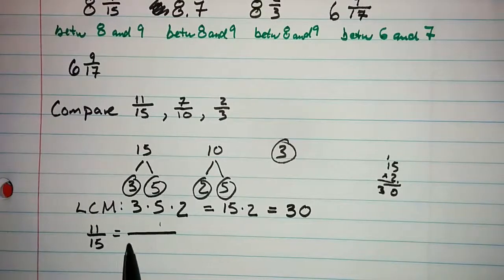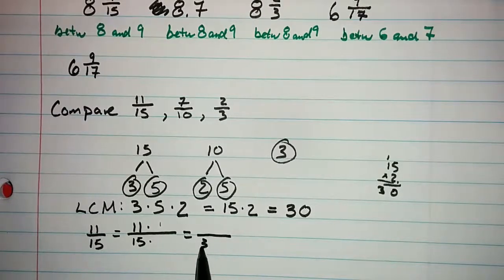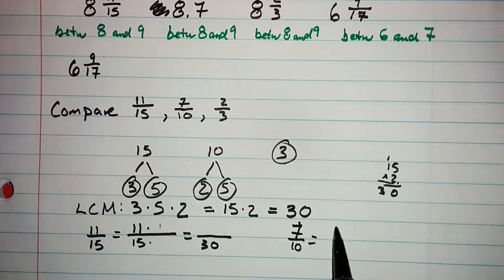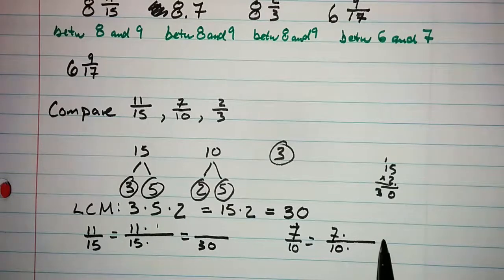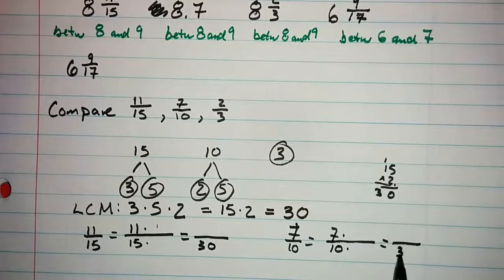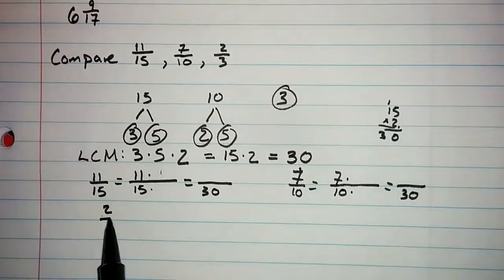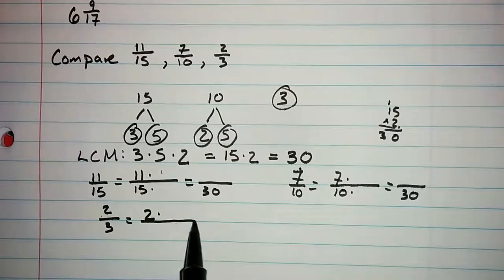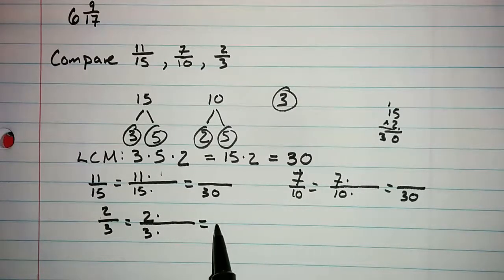11/15, that'll be 15 times something, so 11 times something, some number of 30ths. 7/10 will be 7 times something over 10 times something, some number of 30ths. And 2/3 will be 2 times something over 3 times something, some number of 30ths.